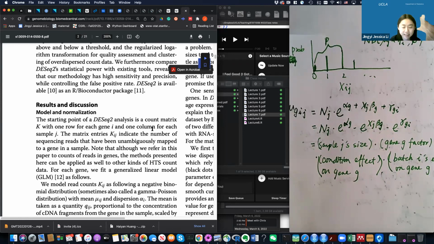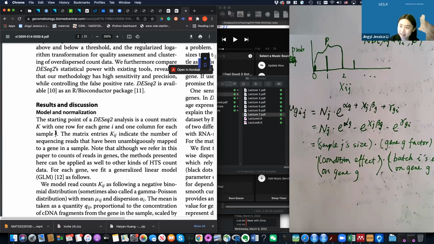It starts with a count matrix with 1 row for each gene and 1 column for each sample j. This follows from our previous discussion about gene differential expression analysis, except that in our previous discussion, if you recall, we talked about the t-test.